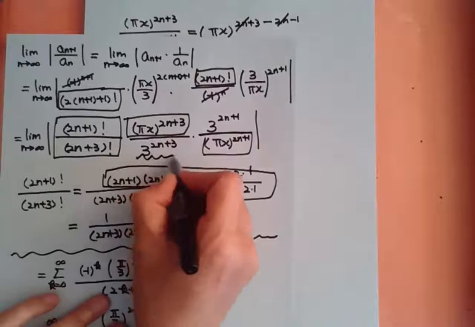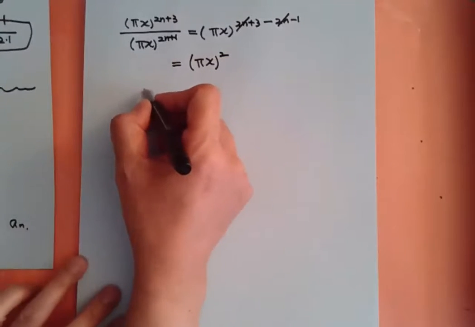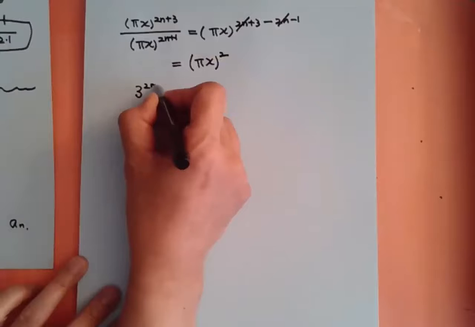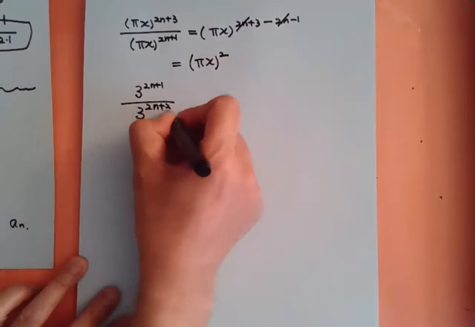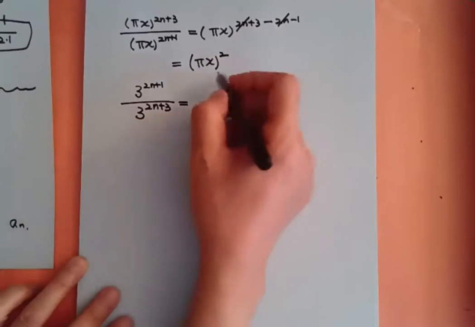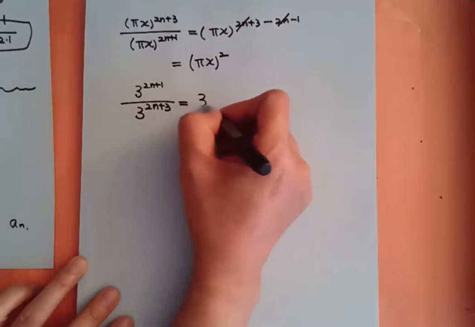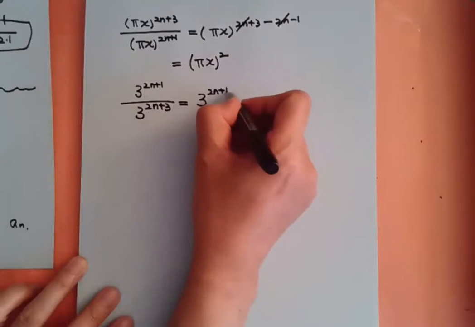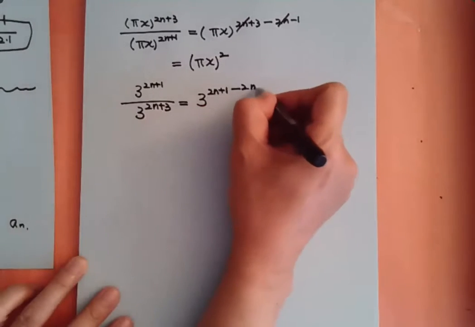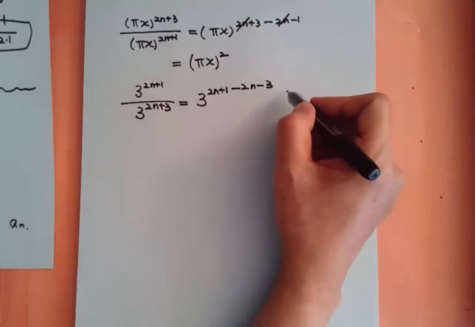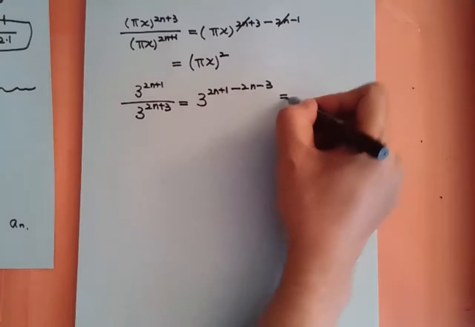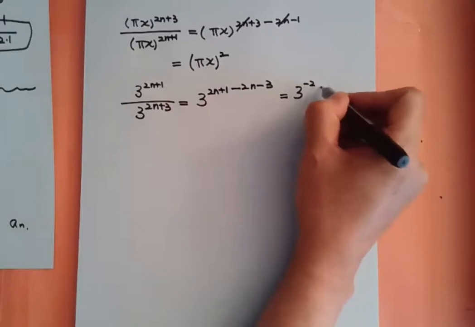And we have these two: 3 to the 2n+1 over 3 to the 2n+3. This time something is flipped, right? 3 to the 2n+1 minus 2n minus 3. So instead of second power, we will have minus 2 power, so 3 to the minus 2 power.